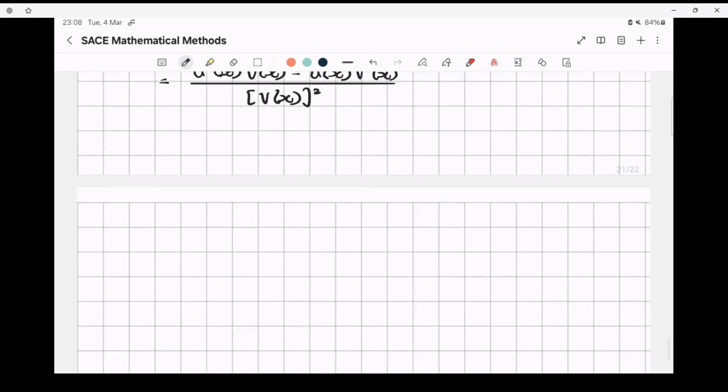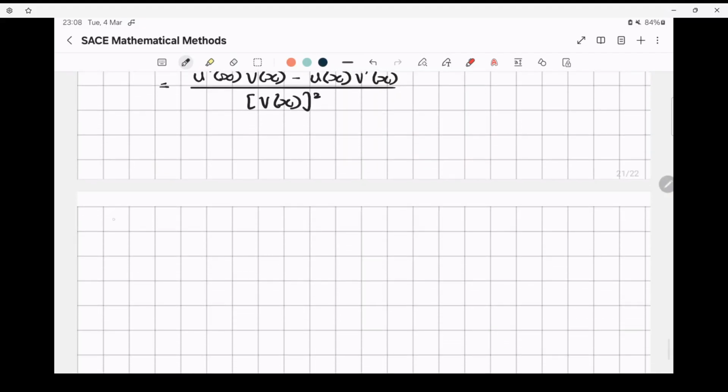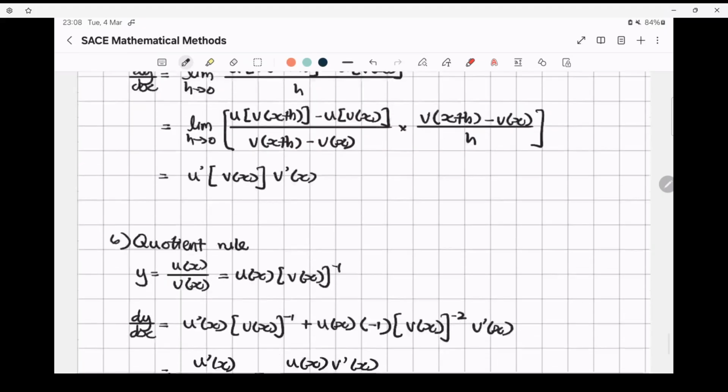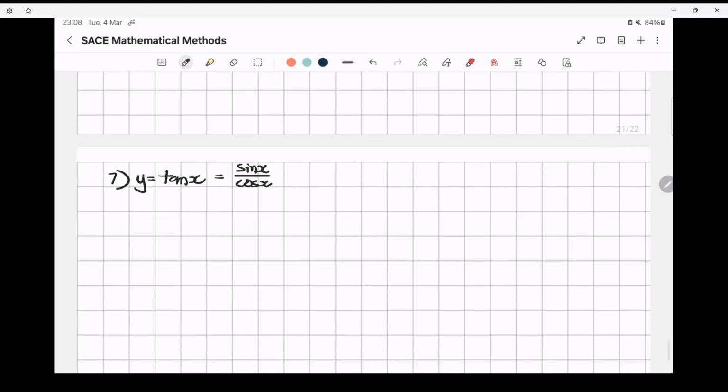Now that you have all the necessary ingredients, we can continue on with y equals to tangent x, and we know that this is sine x divided by cos x. So we can just apply quotient rule.